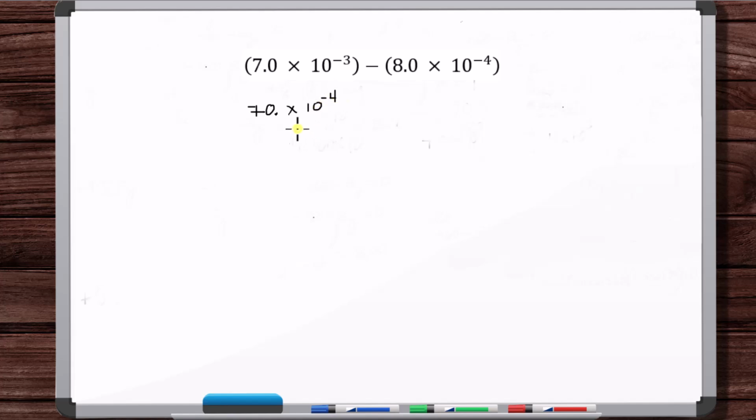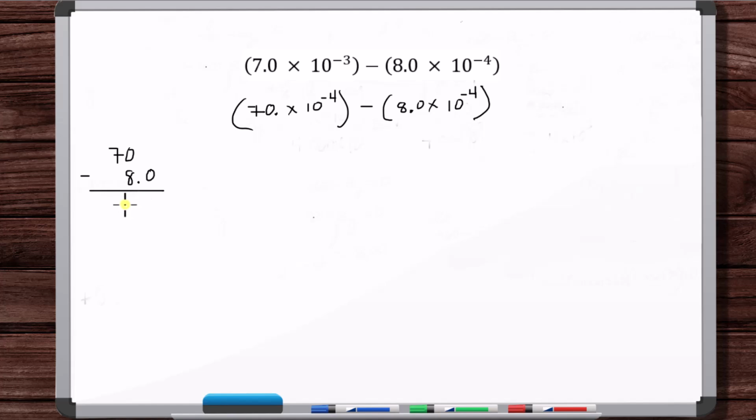And then we've got, all right, so these exponential terms are the same. So we can just say, what is 70 minus 8.0?